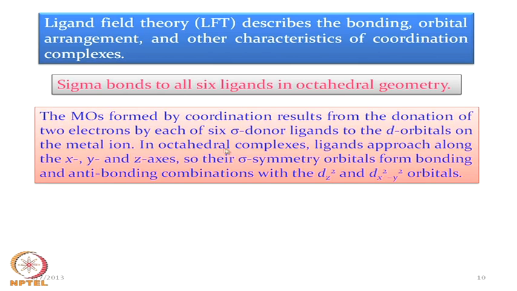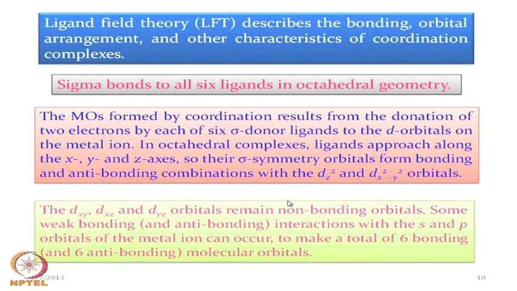In octahedral complexes, the ligands approach along the x, y and z axes, and the sigma symmetry orbitals form bonding and antibonding combinations with the d z square and d x square minus y square orbitals only, because these two orbitals are the only ones pointing towards the 3 axes. So, if the combination is there for sigma symmetry, we will have sigma bonding as well as sigma star, which can be considered as the antibonding level. So, these two orbitals will be utilized for the sigma bonding for these metal complexes in Oh symmetry.